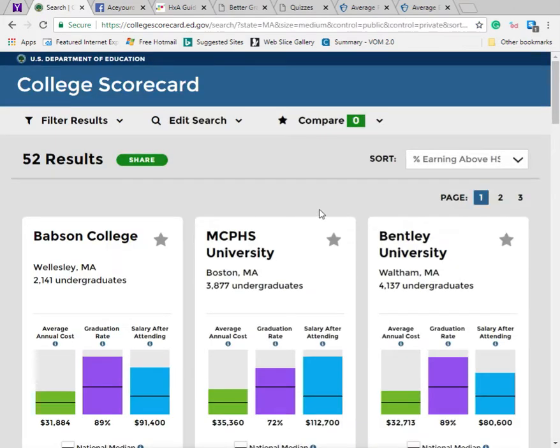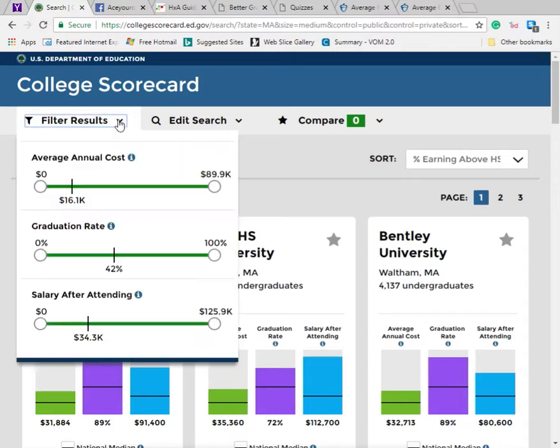And so you got 52 results, which is quite a few. So to narrow it down, you can use this selection right here, filter results. Now, one way you can do is to filter for average annual cost. And they list the average here is 16,000.